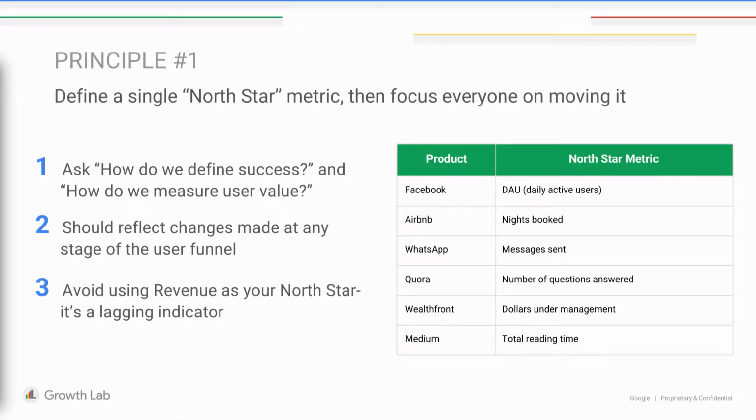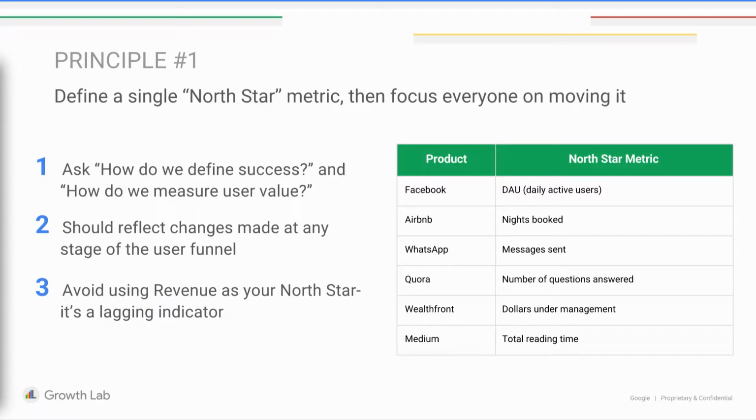As a couple of examples, look at Facebook. Their goal is to drive community. They want to build a community and focus on having them interact as much as possible. So for them, their North Star metric is daily active users. It's measuring on a daily basis how many people in that community are active on that day.